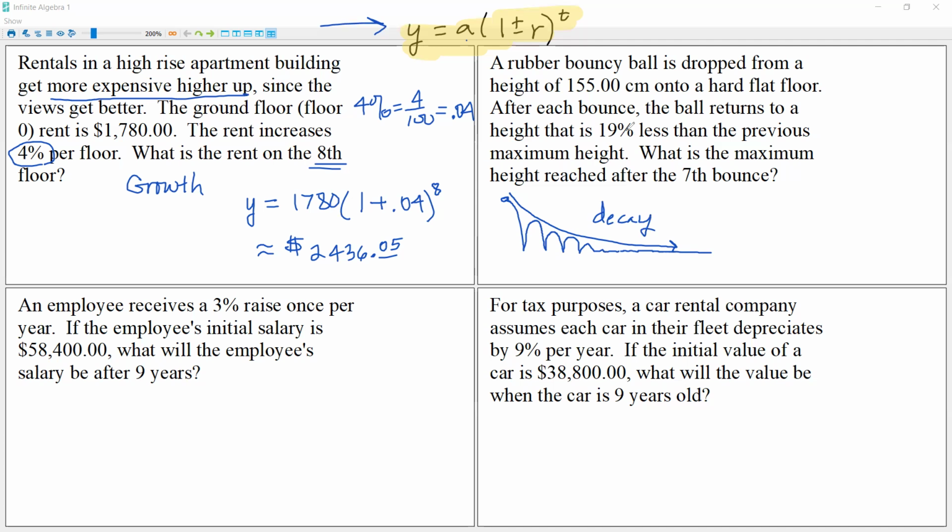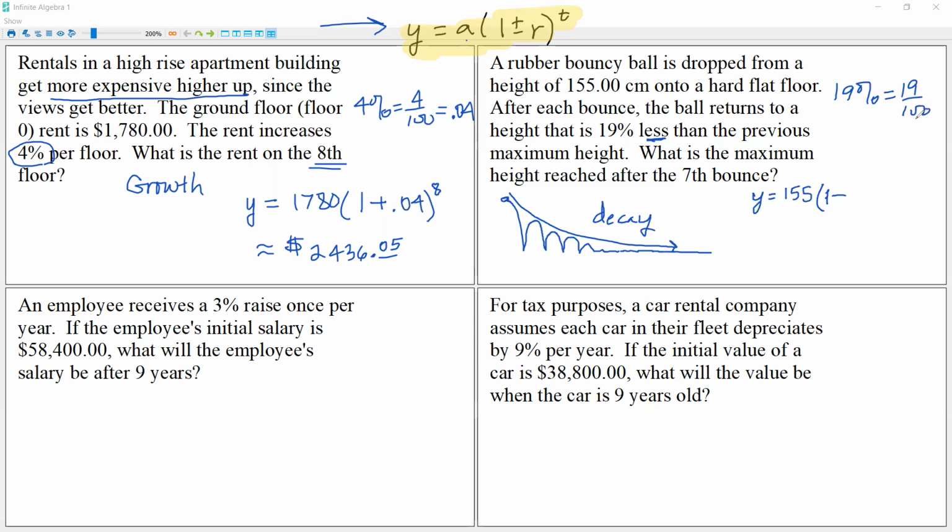It says here it's becoming less each time, less than the previous height. So let's go back to our formula. Y equals the amount at the beginning. It was 155 centimeters off the ground times 1 minus, because we are not adding this time, we're subtracting because it's decaying, it's getting smaller. 19%, that is 19 out of 100.